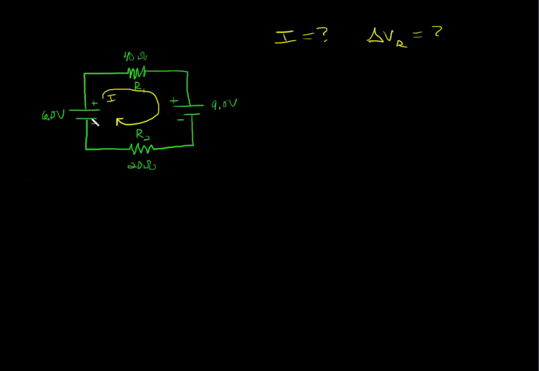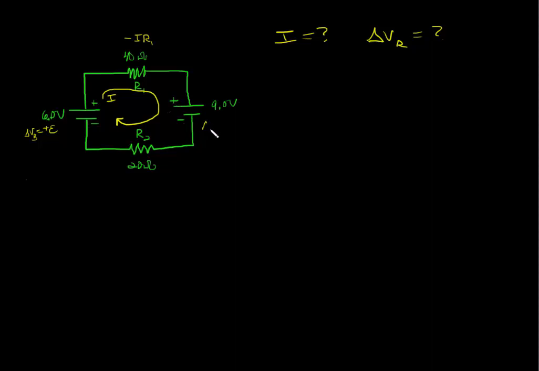All right. So as I go around with my current, the first thing I want to do is label stuff. If I come across this battery, I'm going negative to positive, so this is going to be positive electromotive force. That's my delta V across the battery. And then we come up here and cross this resistor. A resistor is always negative I, and this would be R1. Then we come along and pass through another battery, but this time we're going from positive to negative.